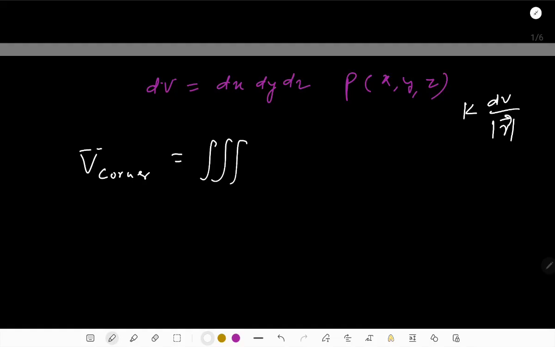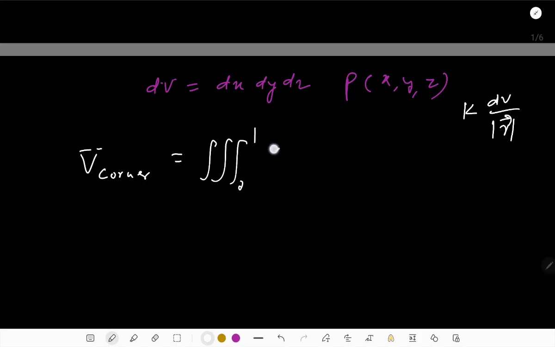And because charge is unity, I've already considered it, and I'm going to put the limits at 0 to 1 for every x, for every y, and for every z, because the cube side length is unity.